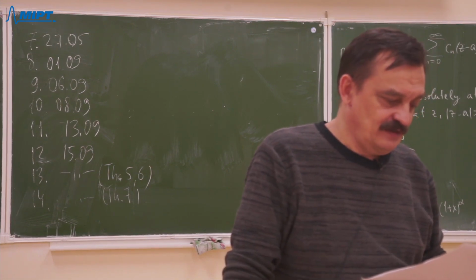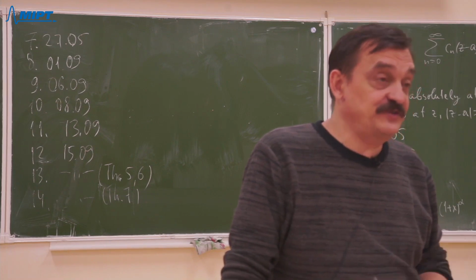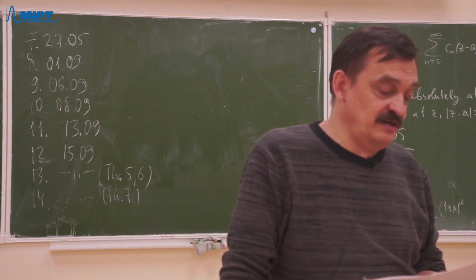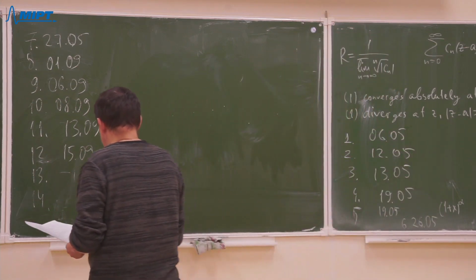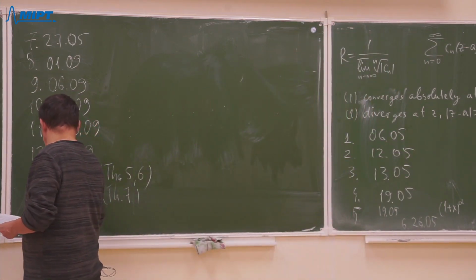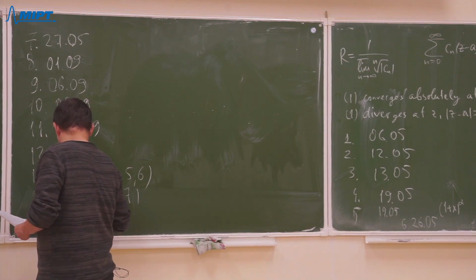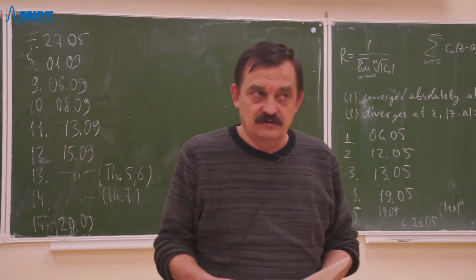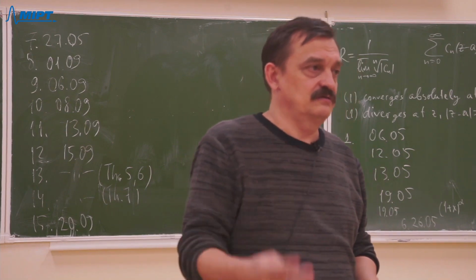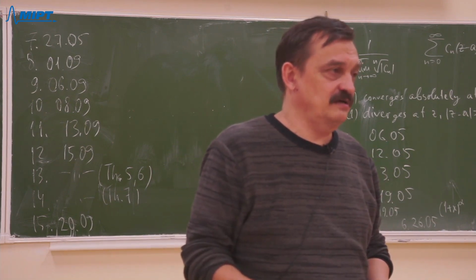Yeah. So, question 15, compactness criteria in Rn. That is 20th September. So, you see, what is the compactness criteria?